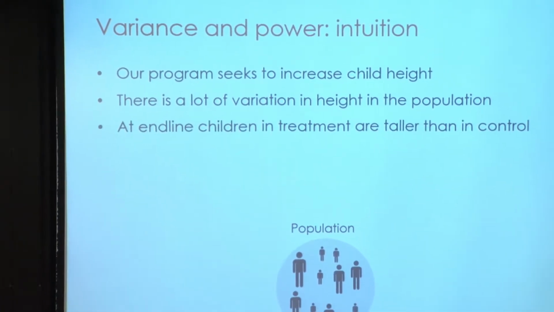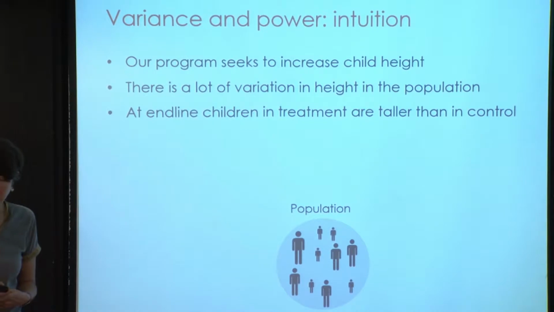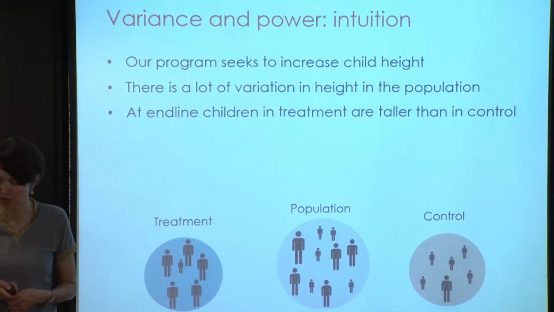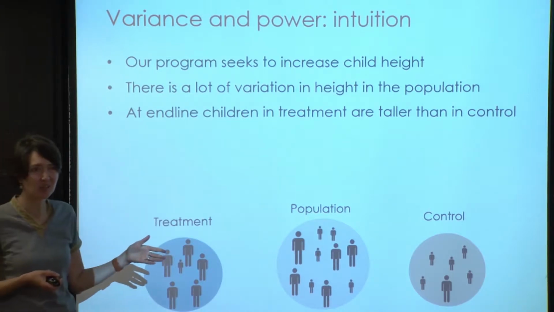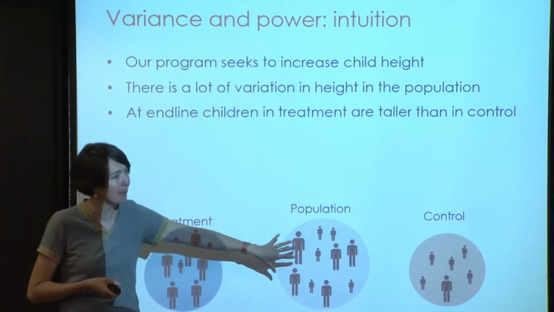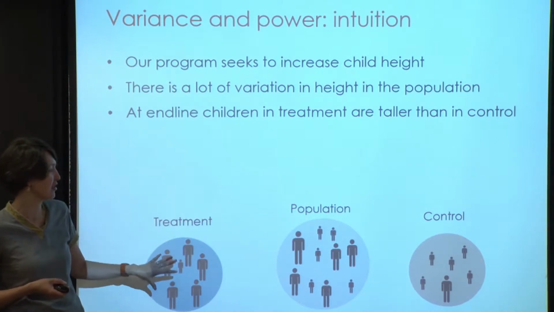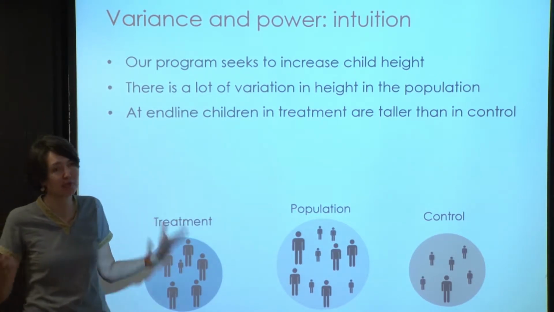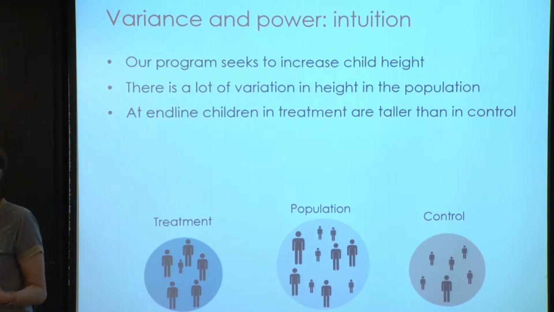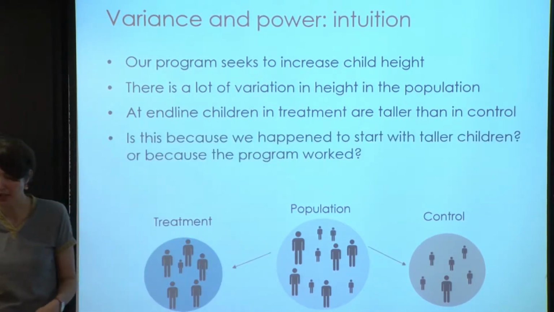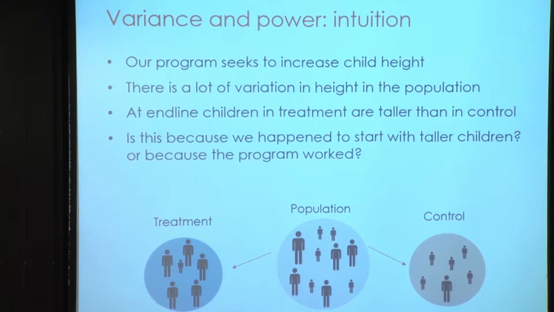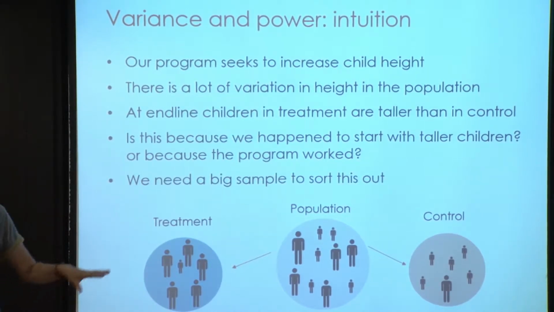Then at the end line, we see that children in the treatment group are taller than in the control group. But we don't know whether that's because we happened to get the tall children in the treatment group or whether the program led to an increase in height. So that's the problem that variance is causing, and the only way we can sort that out is to have a big sample size.